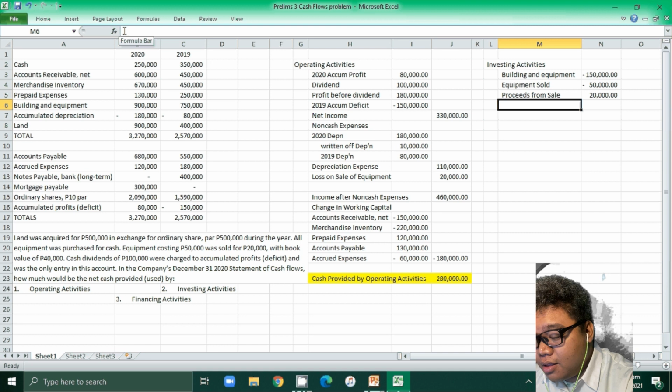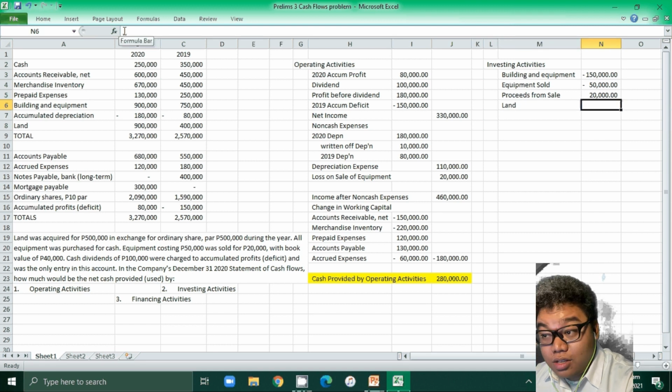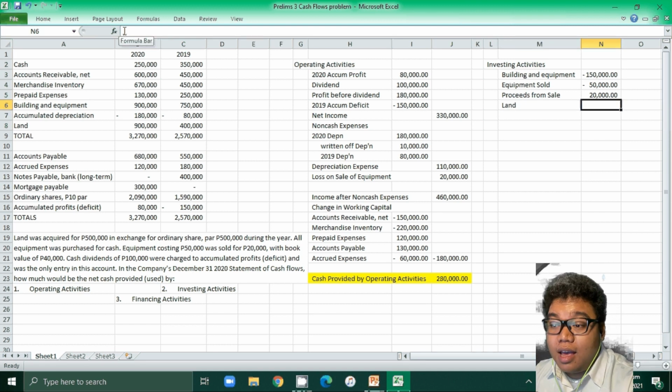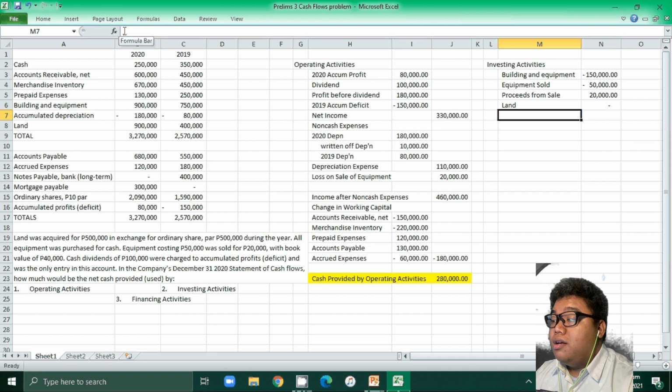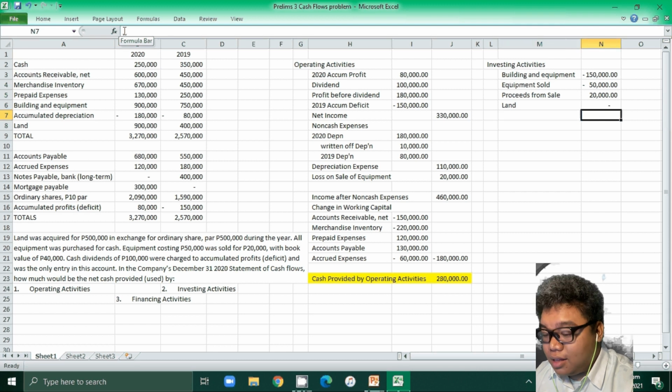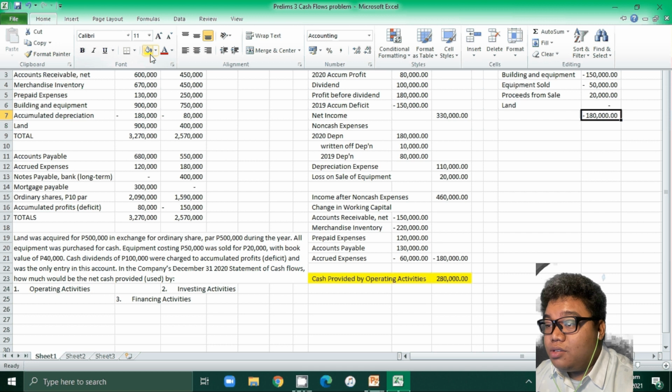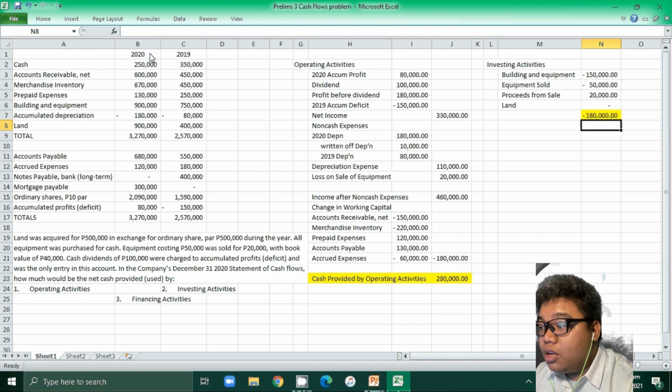But the land, since the change in land is 500,000, and if we look at the change in ordinary shares, they are also 500,000. There is no cash involved in the purchase of land. So the cash from investing activities would total negative 180. This is the cash used in investing activities.